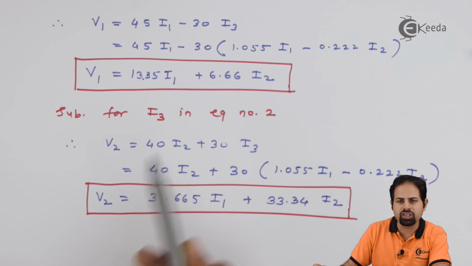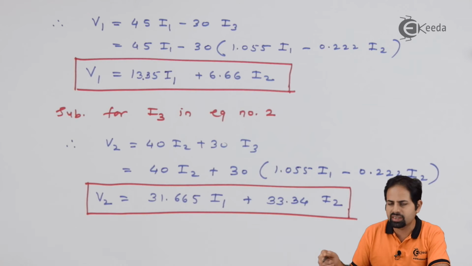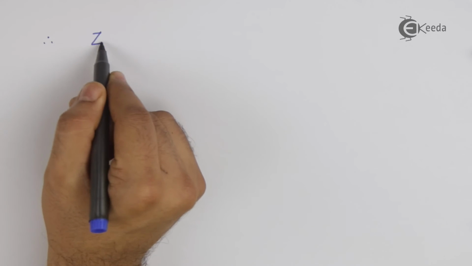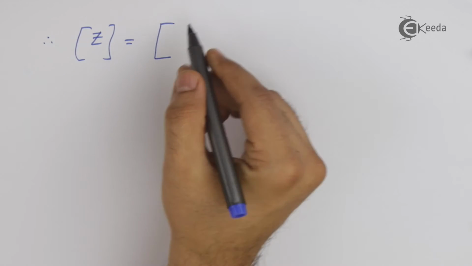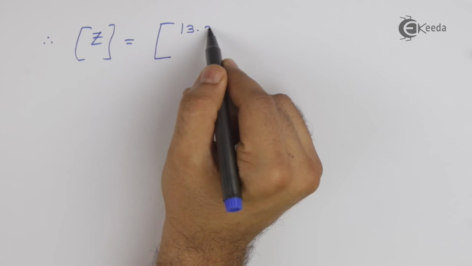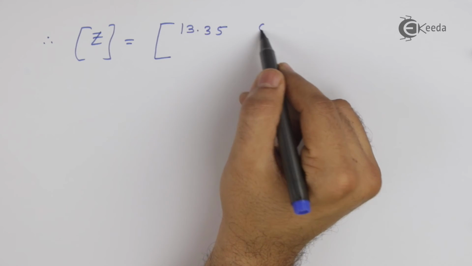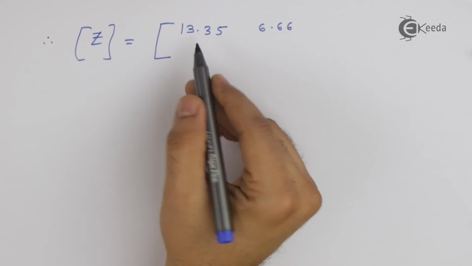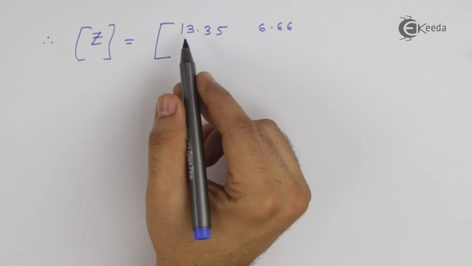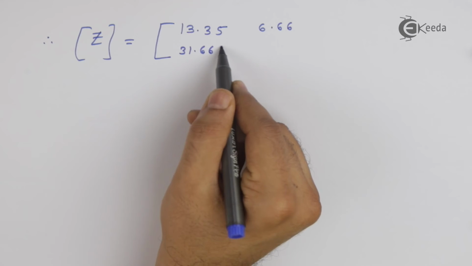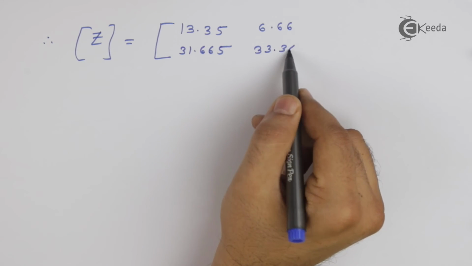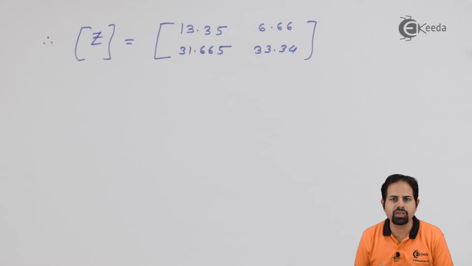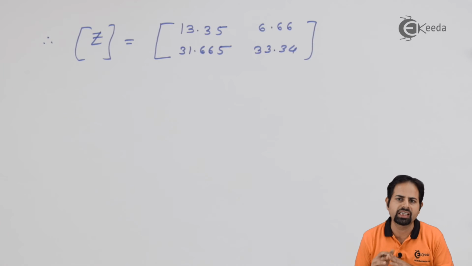So these coefficients or these values are nothing but Z parameters. But our job is not done yet, because we need transmission matrix or transmission parameters.